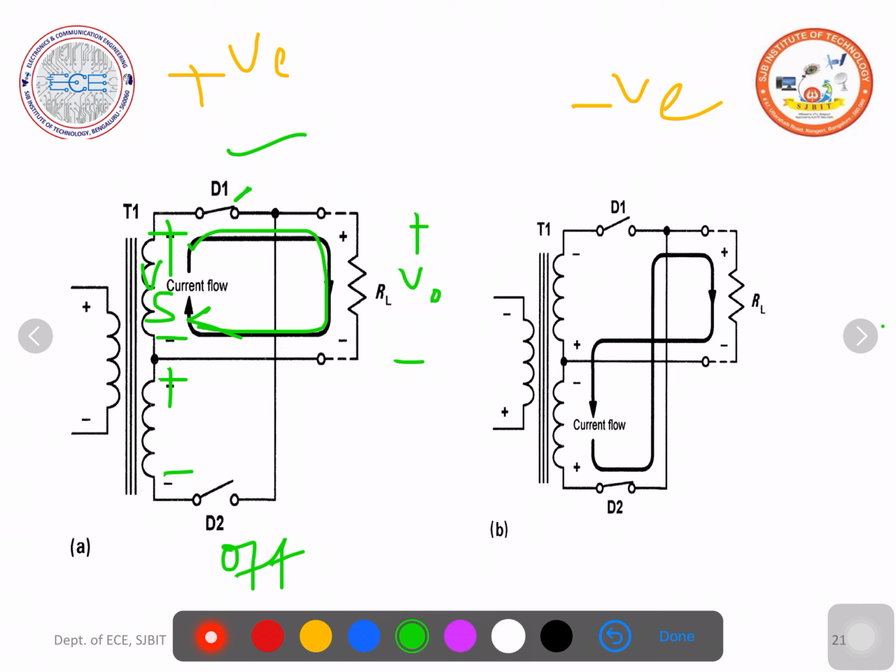In the negative half cycle, this terminal is negative, this is positive. So D1 is off, reverse biased, D2 is on, forward biased. So the current flows in this direction. So if you observe, through the load the current flows in the same direction.